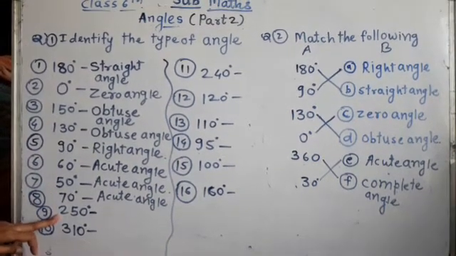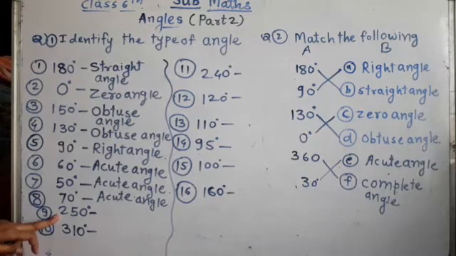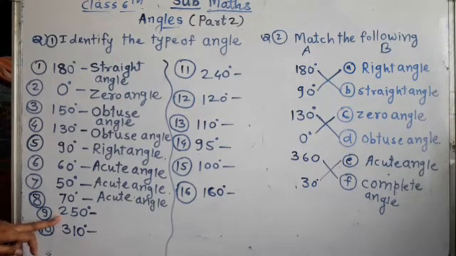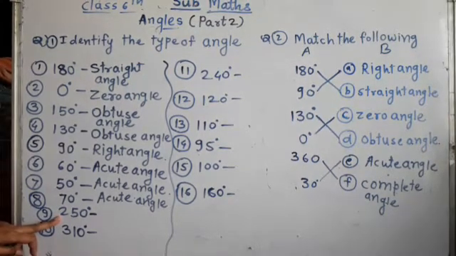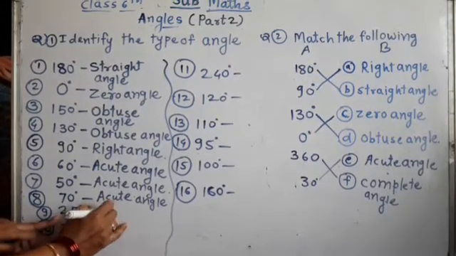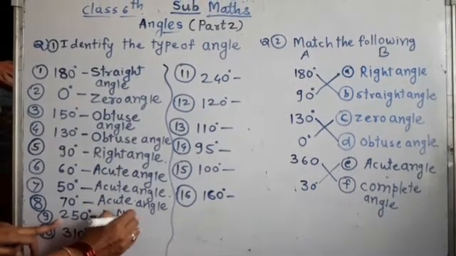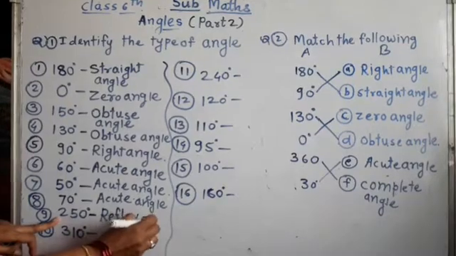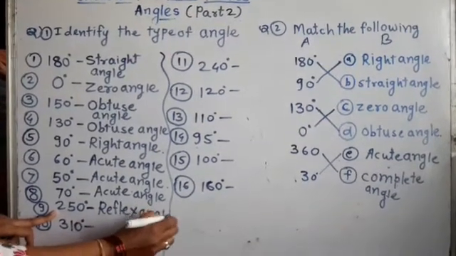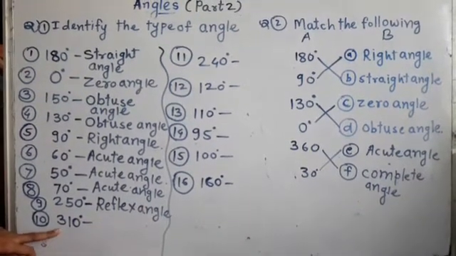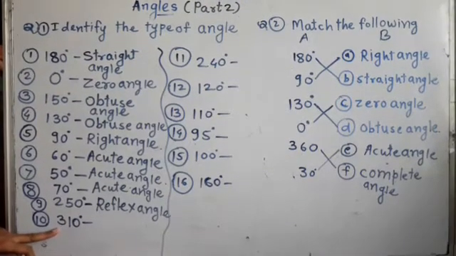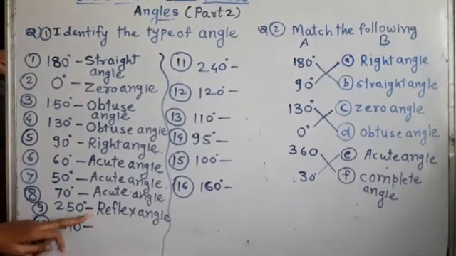250 degree, it is greater than 180 degree and less than 360 degree. Therefore, this type of angle is called a reflex angle. Already we have seen all definitions. See, 310 degree. This is the same angle, reflex angle.